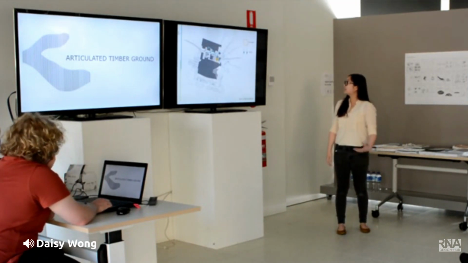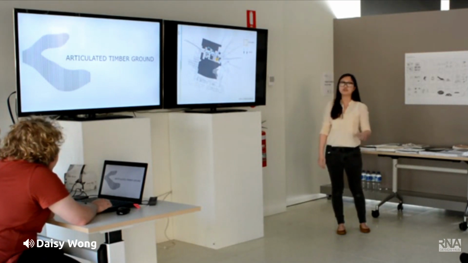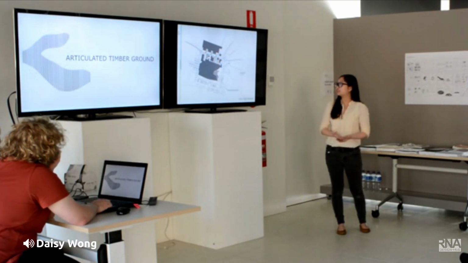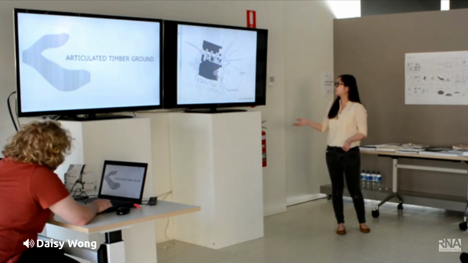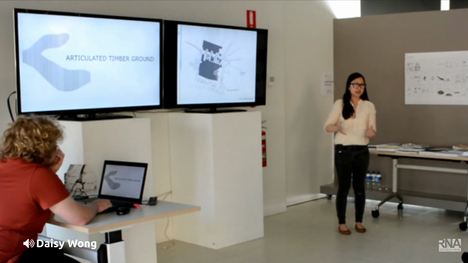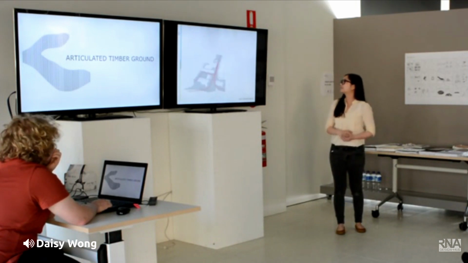Another site constraint is noise and the power supply. There is no power, so it forces us to use all the electronic devices in the workshop instead of working on site. The transport to site is also constrained to this route. So the whole construction is carried out in the workshop first and then transported to the site itself.